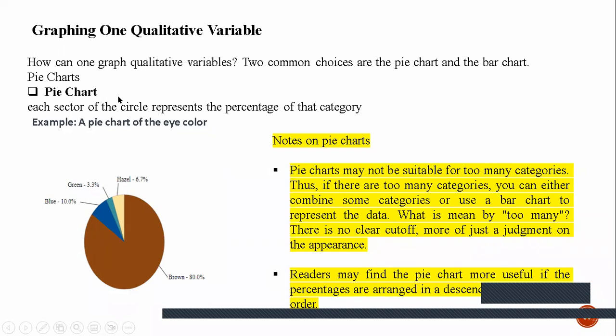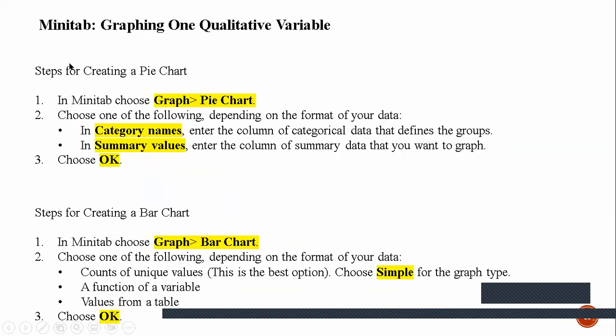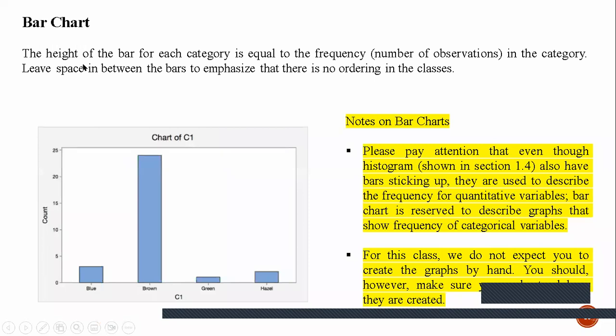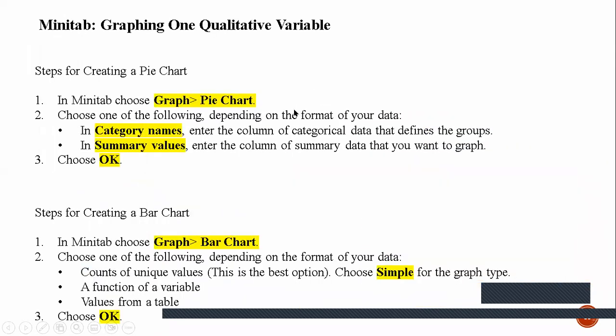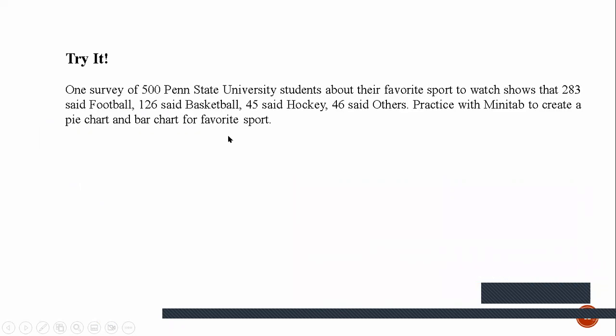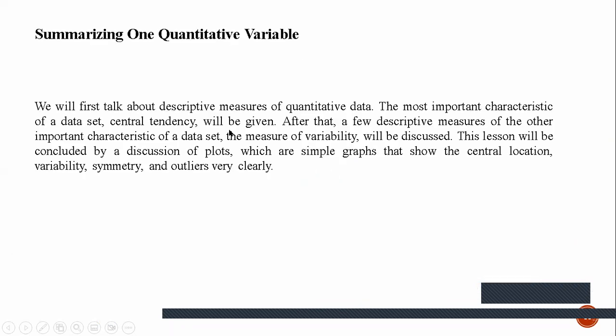The pie charts and bar charts are a few of the charts which we use to explain qualitative variables, and you can draw these charts by using Minitab or SPSS or any other tool as well. We'll do these practicals next day. Again, here for Minitab graphing one qualitative variable, I have mentioned the steps as well so that you can try it. The solution would be like this.